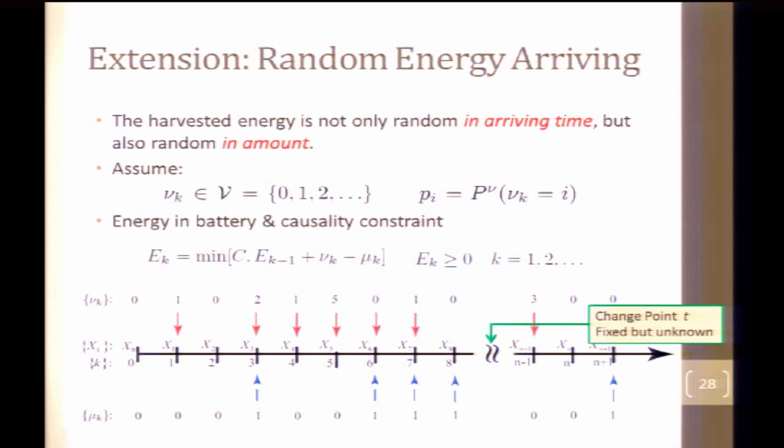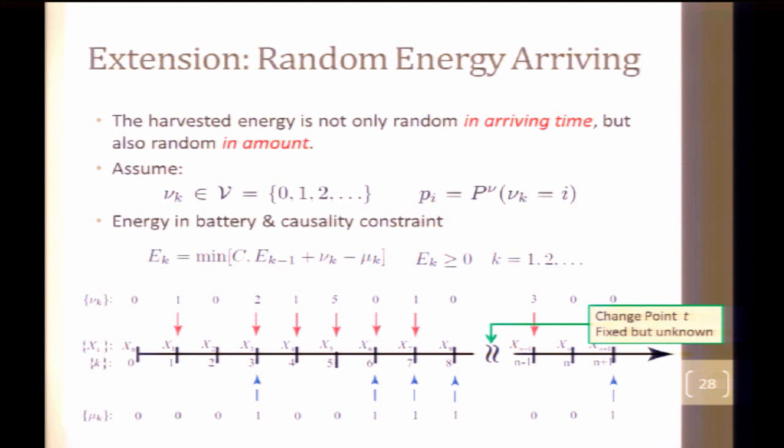Okay, so again we use this to denote how much energy comes. If it's equal to 0, which means that at this particular time, there's no energy come. But if it's equal to 5, then it means that at this particular time, I have 5 units of energy. And again, this is how the energy process at your battery will evolve.